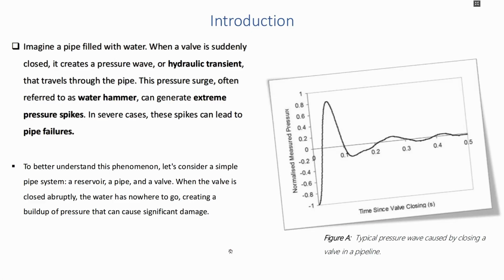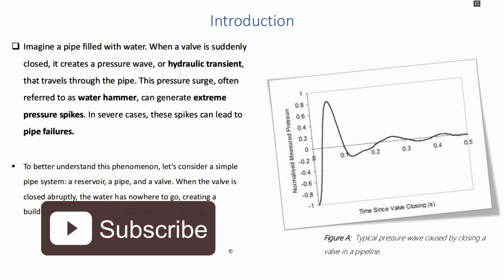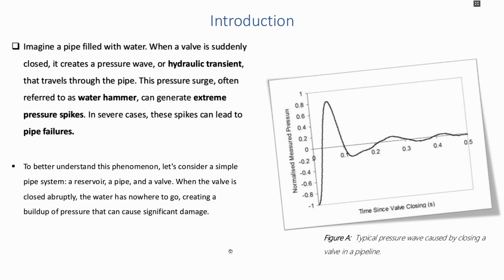Today's tutorial is about water hammer. Let's imagine that we have a pipe filled with water. When a valve is suddenly closed, this creates a pressure wave or a hydraulic transient that travels through the pipe.